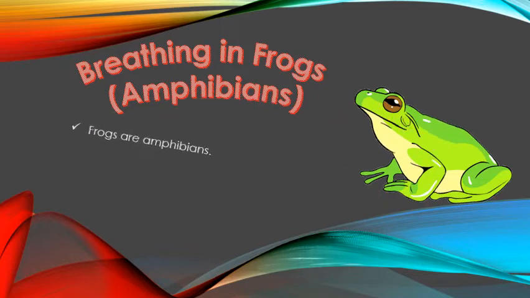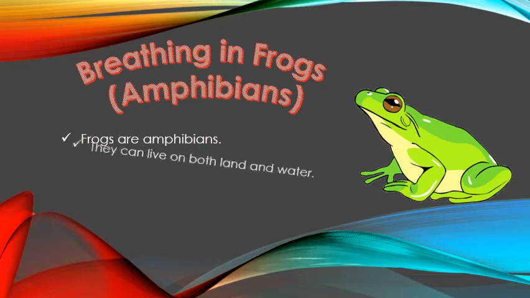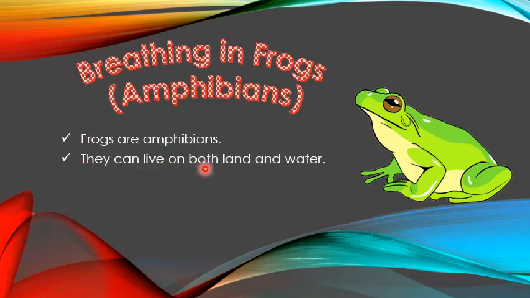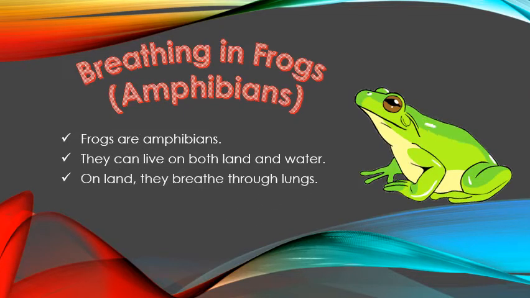So what are the common features? Frogs are amphibians, as I told you. They can live on both land and water. They can survive in water, and they can live on land as well. Whenever they are on land, they breathe through their lungs, as we do.